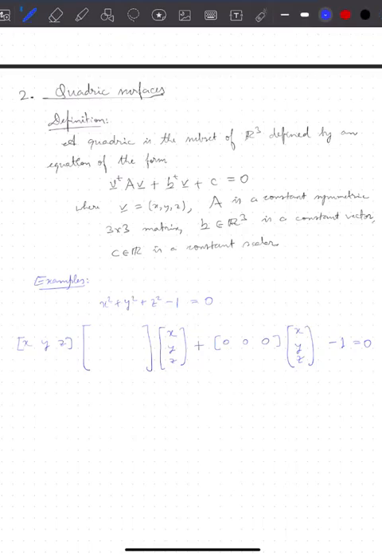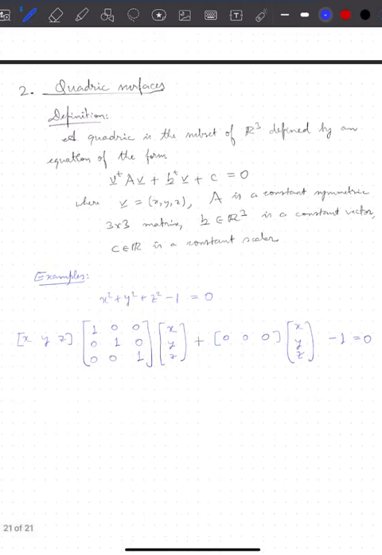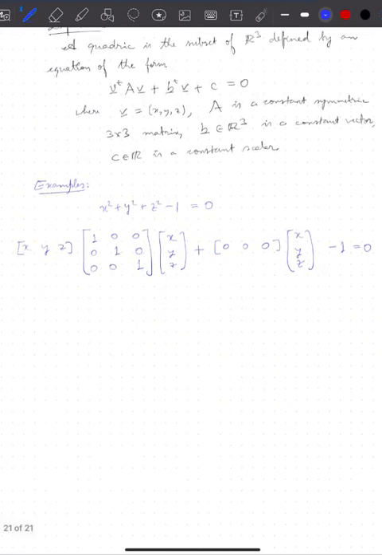And for A, there is no cross coupling, no cross product between x, y, and z, so all the off-diagonal terms will be 0. We are left only with diagonal terms, and the coefficient of x squared is just 1, so we have 1 here. Likewise for y and for z. So this is c.